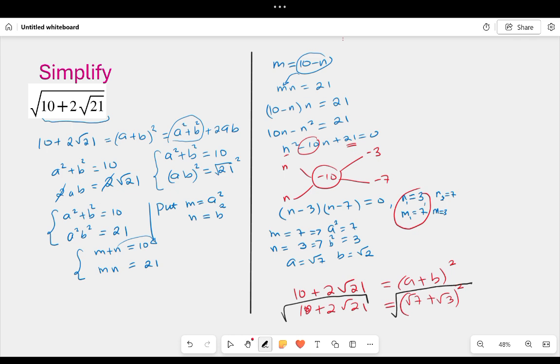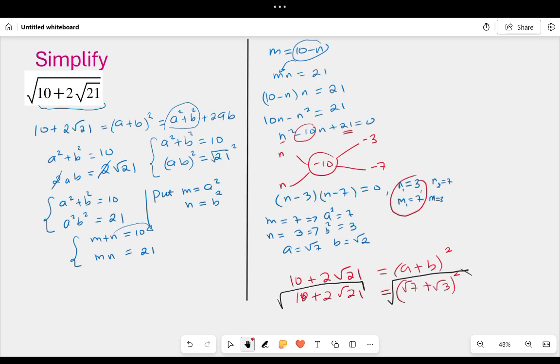A square root and a square cancel out: the square root of (square root of 7 plus square root of 3) squared. Therefore, we can conclude that the square root of 10 plus 2 square root of 21 simplifies to the square root of 7 plus the square root of 3. So this is the final answer.